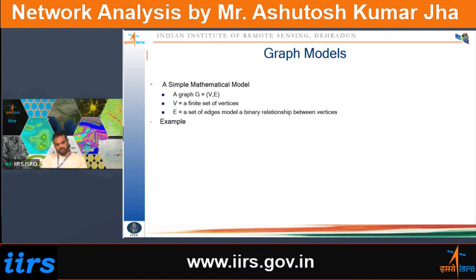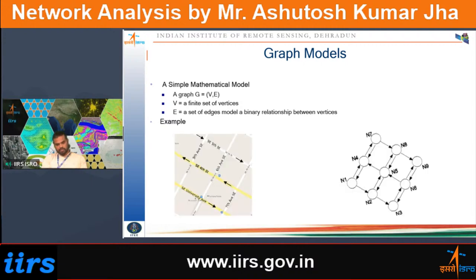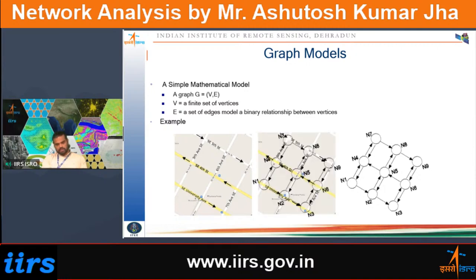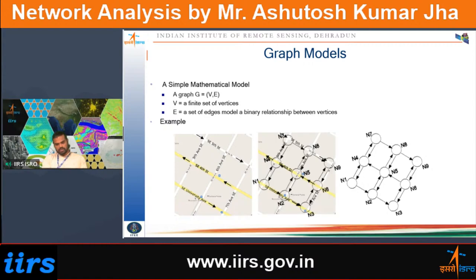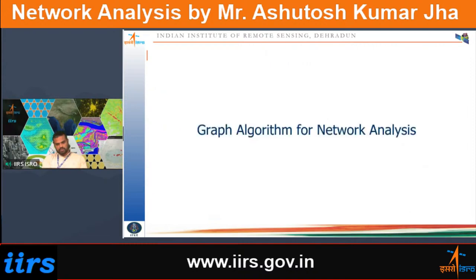These graph models can be represented in multiple ways physically, but logically it simply means that you create each junction as a node, and there's connectivity, and that connectivity with directions can also be provided. So each directed connection is represented as an edge. This is just an example of a street which can be converted into a graph model.